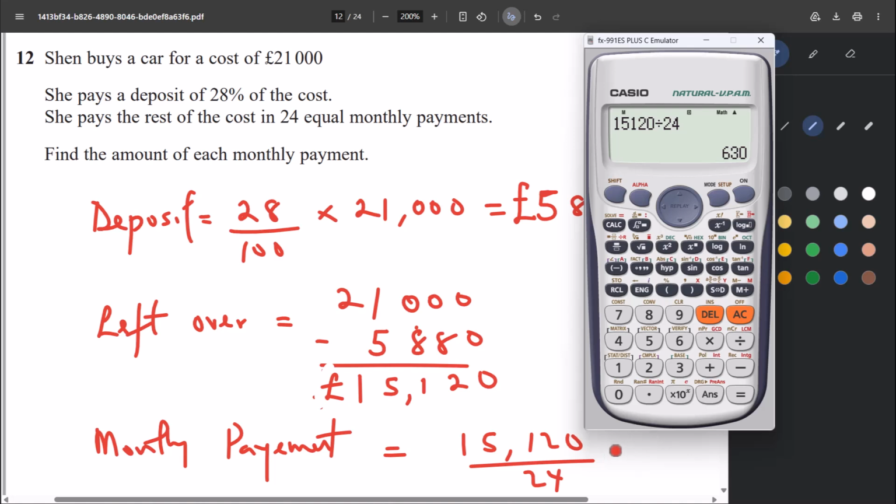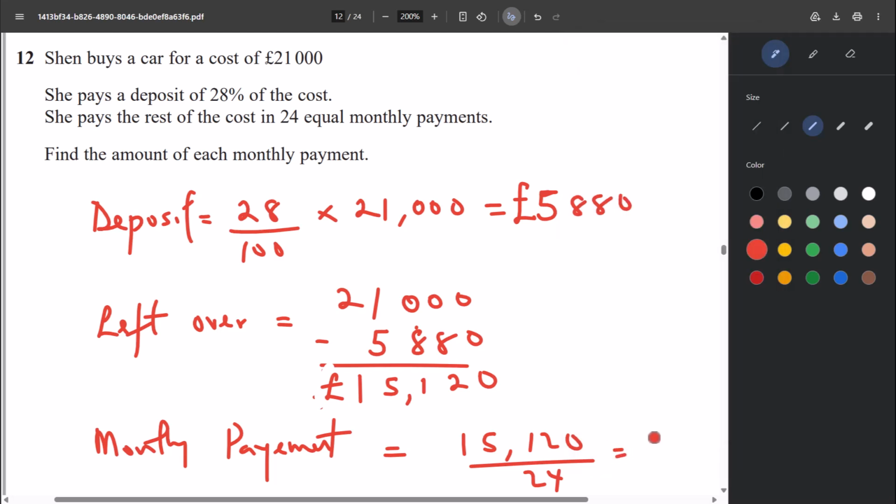That would mean they will have to pay £630 every month. So that is the amount to be paid every month.